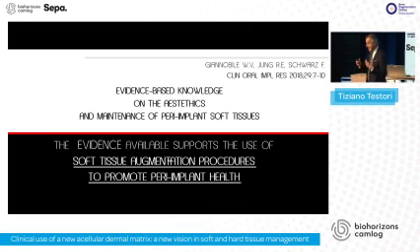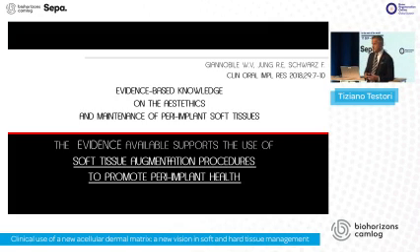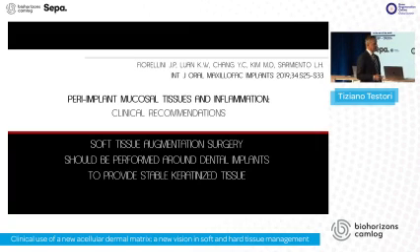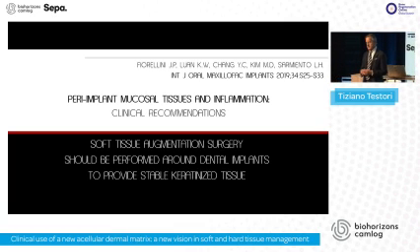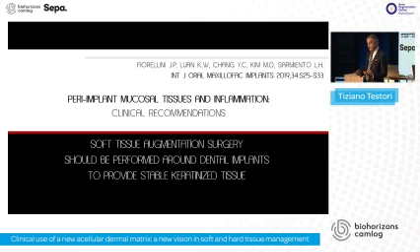A few years ago, it was not so crystal clear whether soft tissue augmentation, in terms of keratinized tissue around our implants, was a real necessity. Joe Fiorellini, in a piece of information published in JOM in 2019, said that soft tissue augmentation surgery should be performed around our implants to provide stable keratinized tissue.